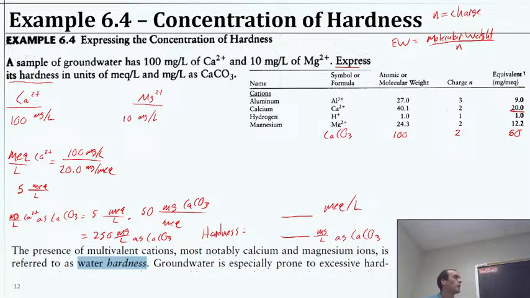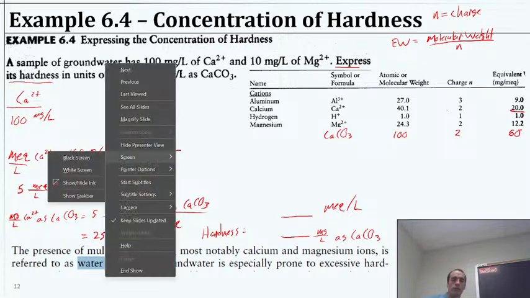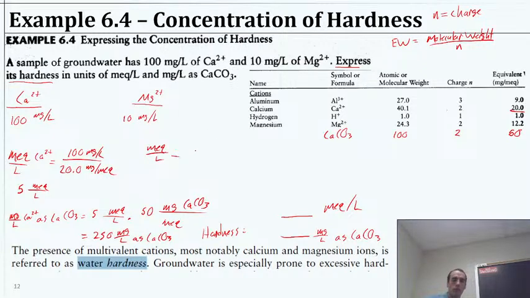Okay, so we can do the same thing for magnesium here. We've got 10 milligrams per liter, so if we want to find the milliequivalents per liter, we'll take the 10 milligrams per liter and divide that by the equivalent weight for magnesium, which would be 12.2.